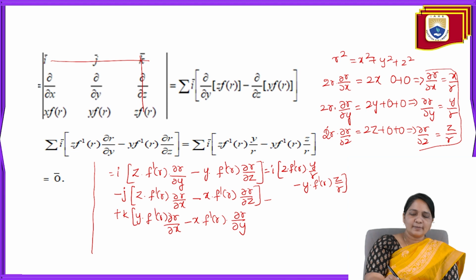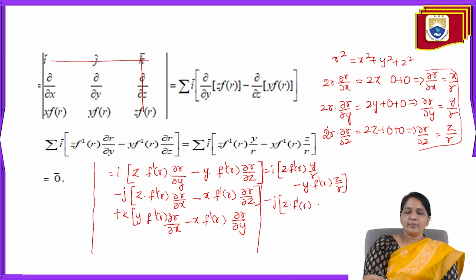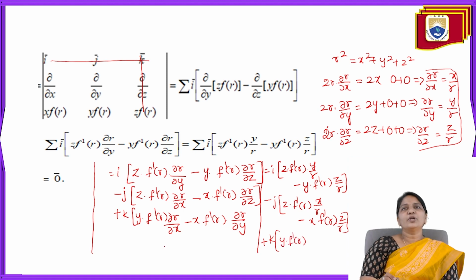Next, minus j, z into f'(r), ∂r/∂x is x by r, minus x into f'(r), ∂r/∂z is z by r. Next, coming to the third term, plus k into y into f'(r), ∂r/∂x is x by r, minus x into f'(r), ∂r/∂y is y by r.